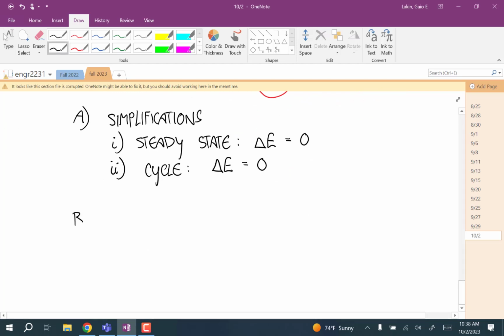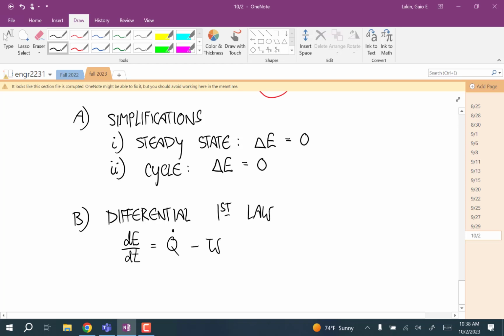And then we talked about the differential form of the first law. And that says dE dt is equal to Q dot minus W dot.